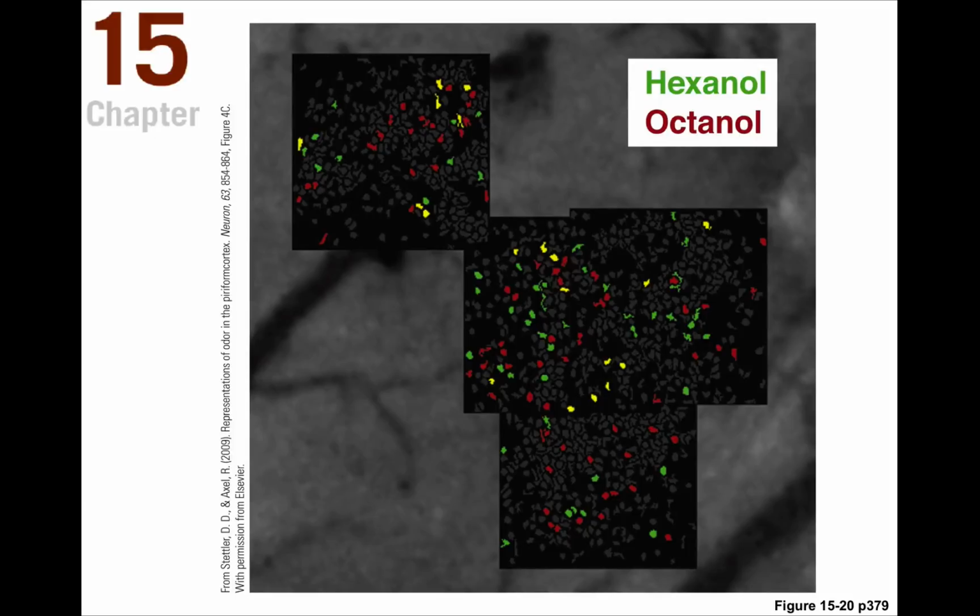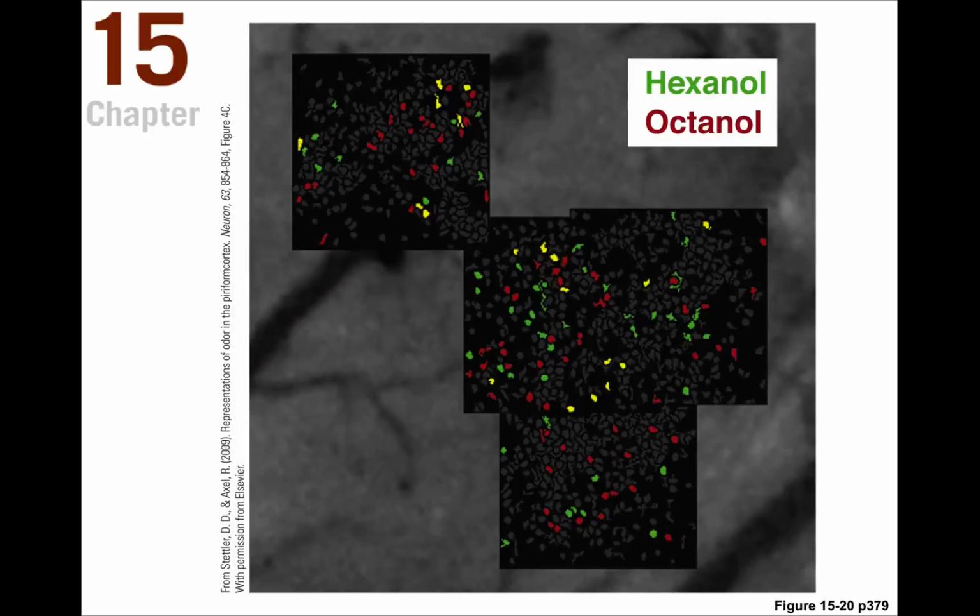Here we have activity throughout the piriform cortex, and we're looking at the pattern responding to two different chemicals, hexanol and octanol. The hexanol is the pattern of responses that you see in green, and the octanol is the pattern of responses that you see in red. One of the things you want to notice here is that there's a strong distinction between these two chemicals. In other words, red is red.